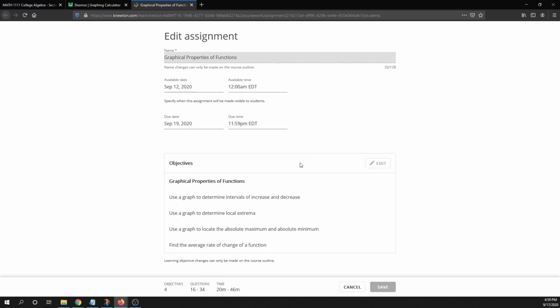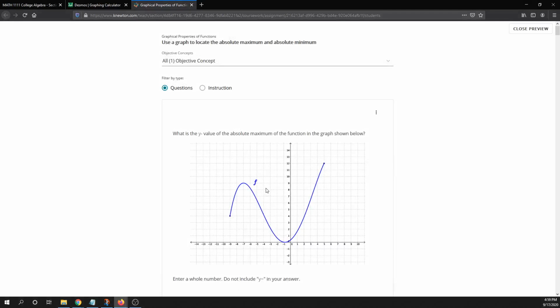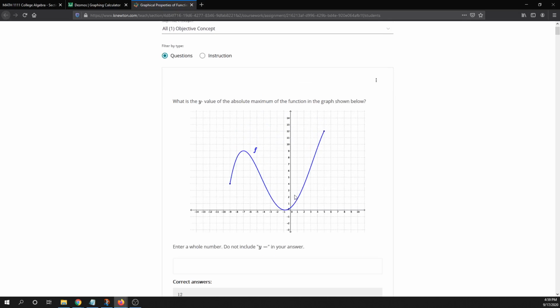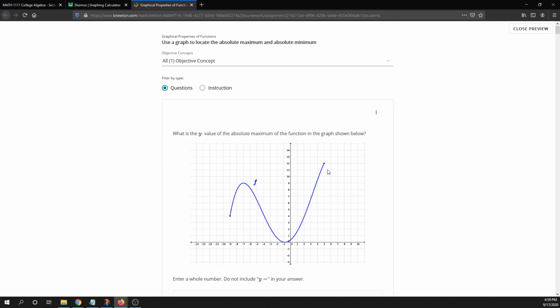And then if you look over here, when they ask about absolute maximum and absolute minimum, here they just ask for the value. It says what is the y value of the absolute maximum of the function. So the absolute maximum would be at this point over here, and that y value is 12. So you would just plug the number 12 into the box there. So those are the two most common ways that you'll see that question asked.